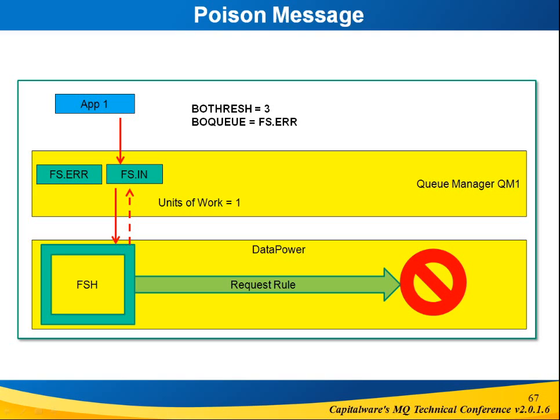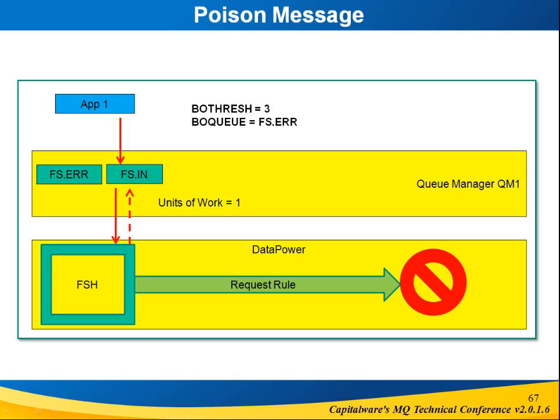Then, of course, the front side handler will do another MQ-GET and get the same message again, encounter the same error and roll it back, and get it again and roll it back, over and over again. And if nothing were done to sort that out, it would just keep doing that, and you would end up with a poison message loop.